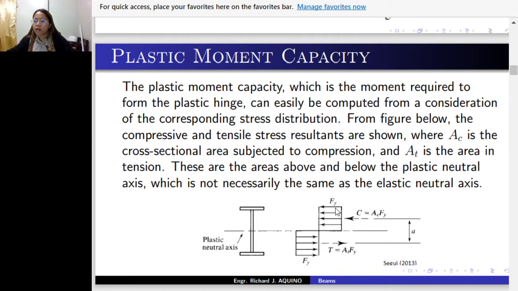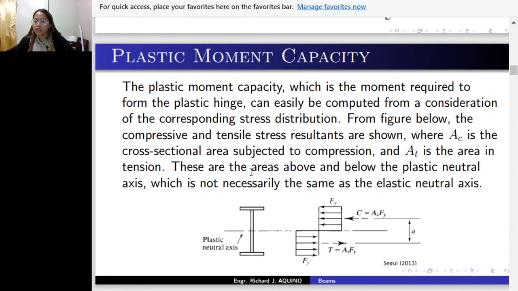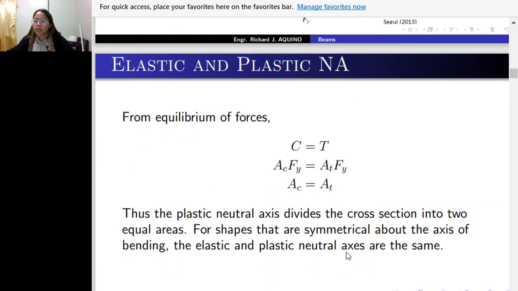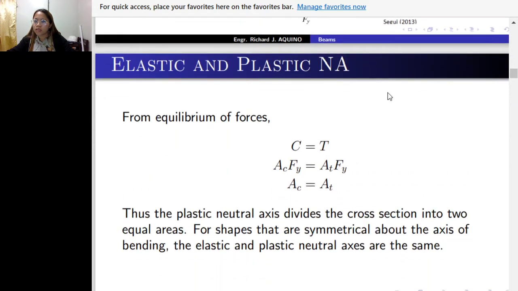Since the shape is symmetrical, you can expect from equilibrium of forces that the compression is equal to tension, which is the same as in reinforced concrete.